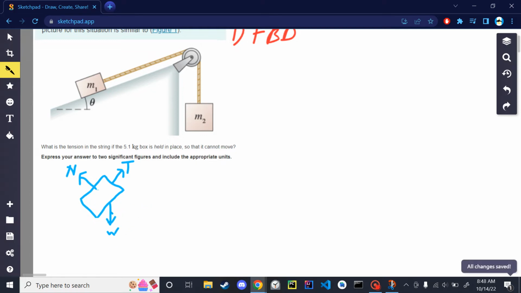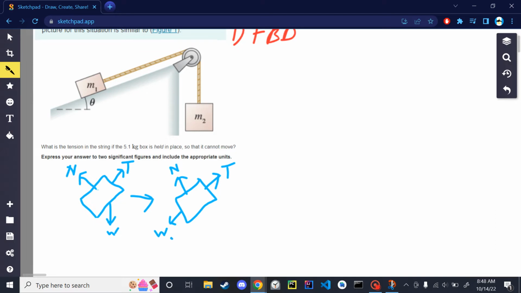Which means that we need to split this into its x and y components. So in reality, what we have is tension, normal force, Wx, and Wy. And that's for box 1. That's all the forces acting on box 1.